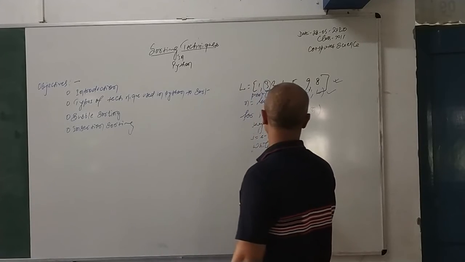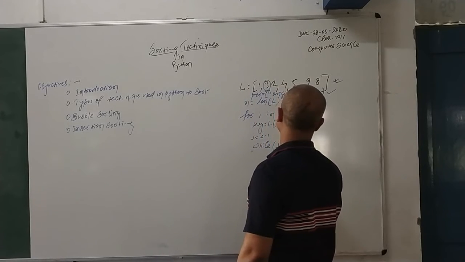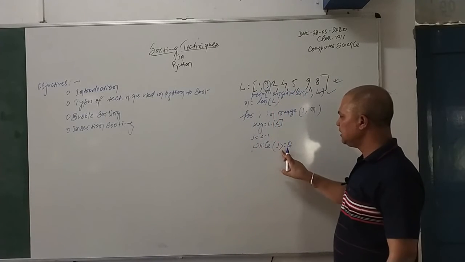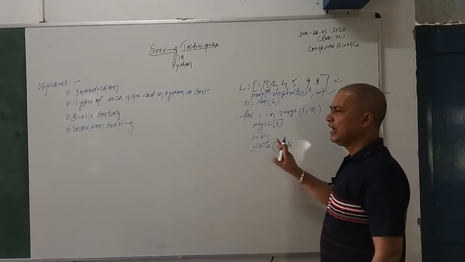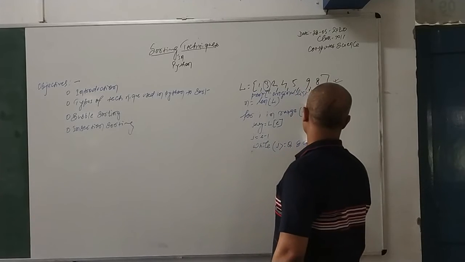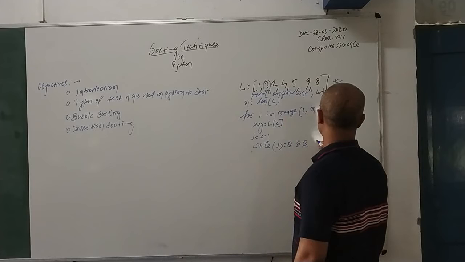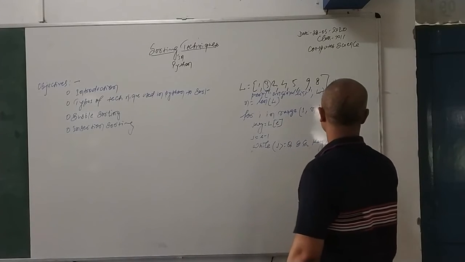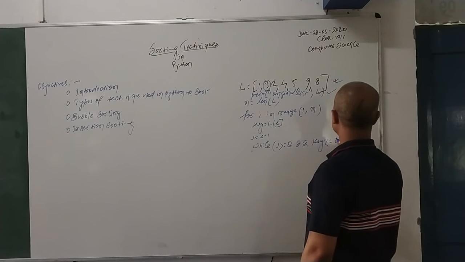While, inside the bracket, you can say j greater than equal to 0. J is starting with something, and till the value of j is greater than equal to 0, it will work. And another condition, you have key, and key less than equal to list of j.